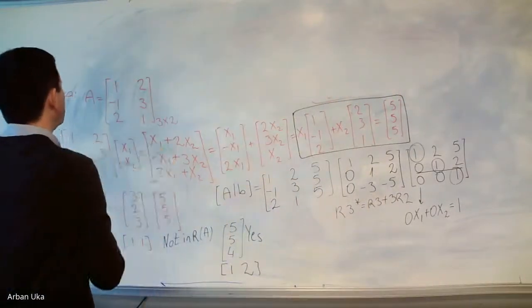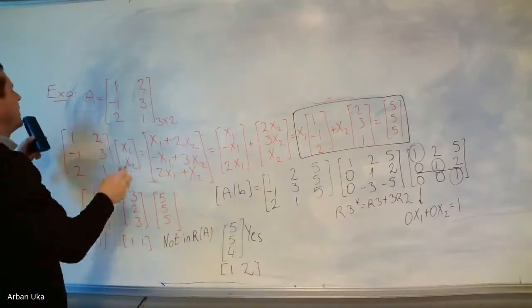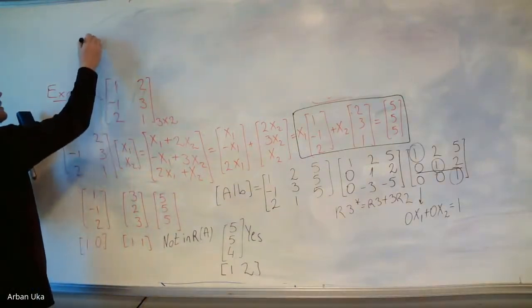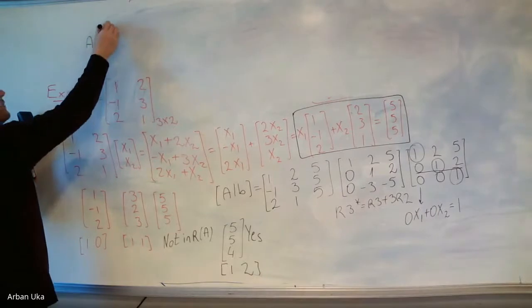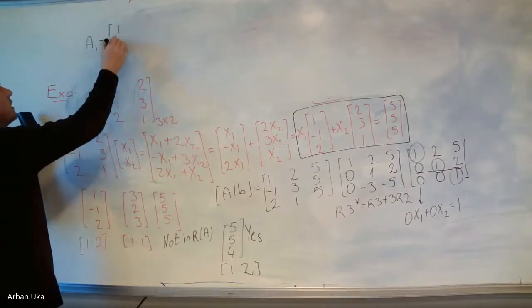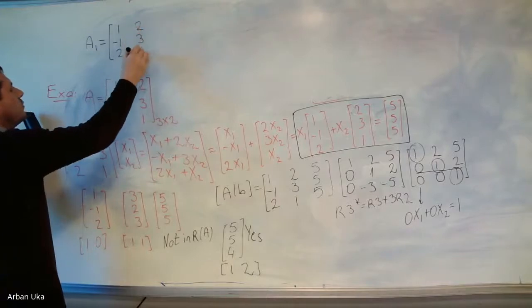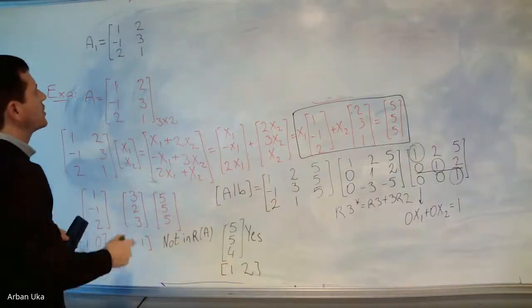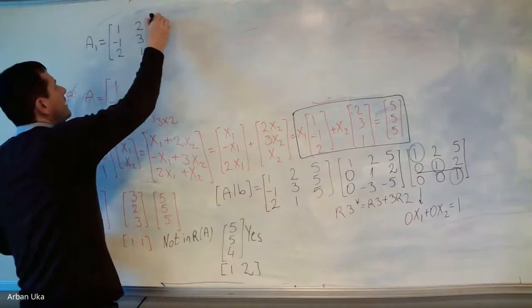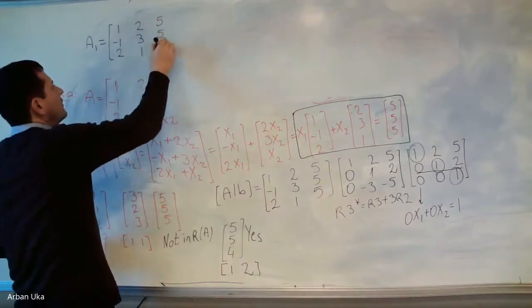So this is A. Okay. Now, what can you say about A1 if A1 is equal to 1, minus 1, 2, and 2, 3, 1? So far, we have not changed it much. And 5, 5, 4.